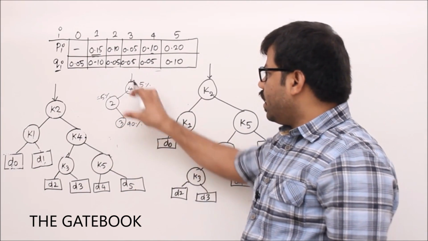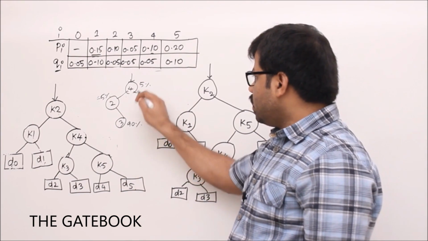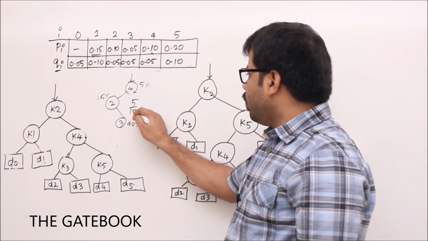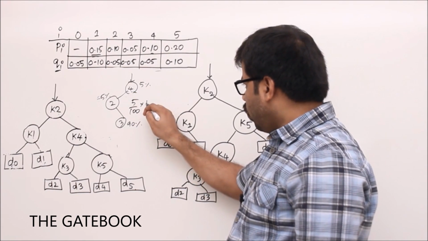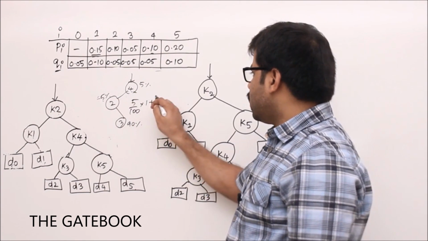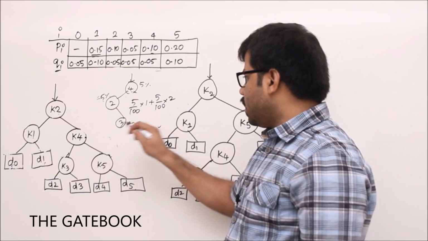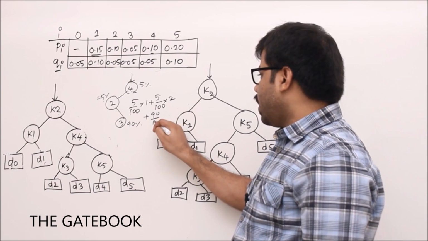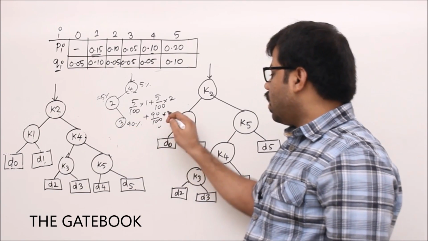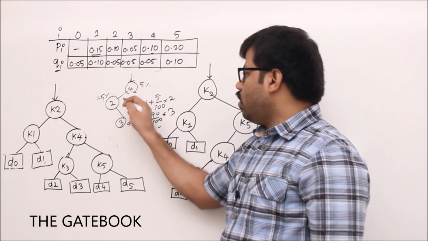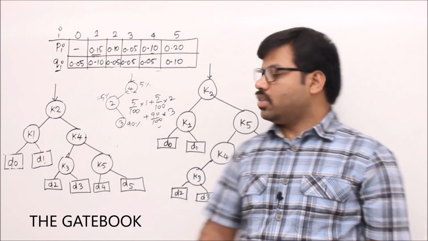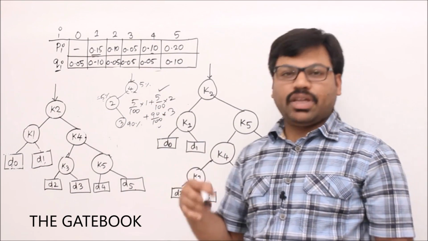What is the cost of this tree now? 5% of the time people search for 4 and the cost is 1. 5% of the time people search for 2 but the cost is 2 because it is on the second level. 90% of the time people search for 3, the cost will be 3 because 1, 2, 3. So this is definitely bigger than the previous one.